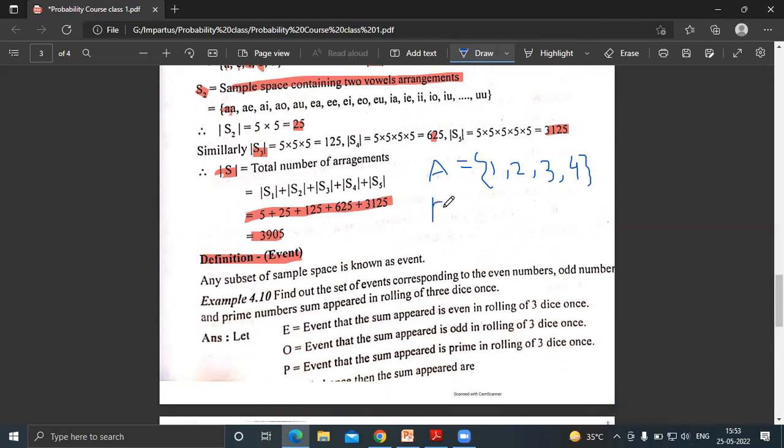Then B is another set, suppose {2, 4}. Then we may call B is a subset of A. This is the subset symbol. B is a subset of A. This symbol is for subset.